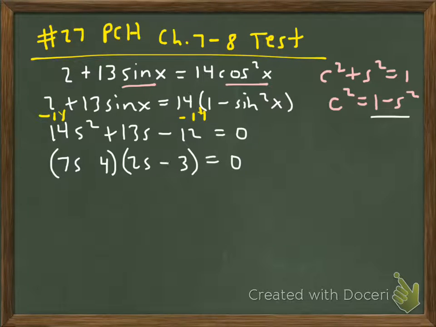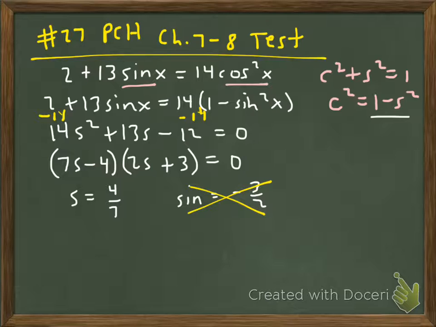And that's a negative 21, so it's plus and minus. So plus there and a minus there. Well, here the sine would be equal to 4 over 7. And here the sine would be equal to negative 3 over 2. Well, the sine can never be greater than 1 or less than negative 1. So the sine is 4/7.